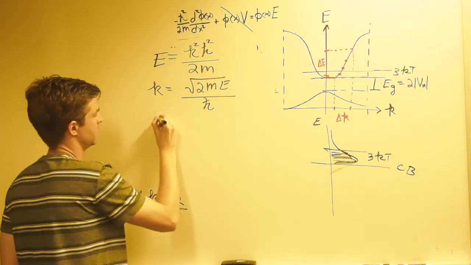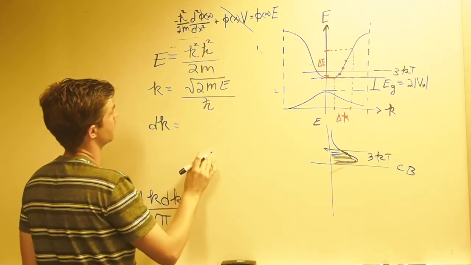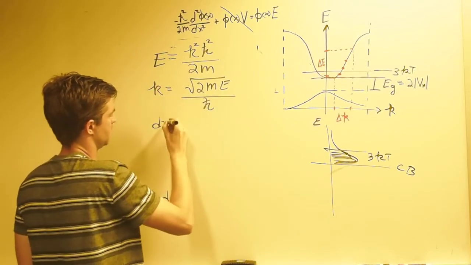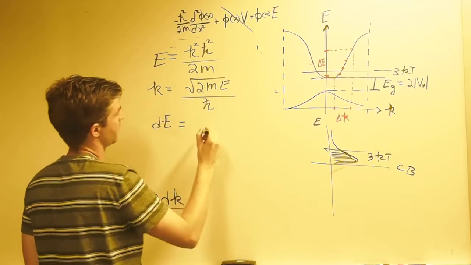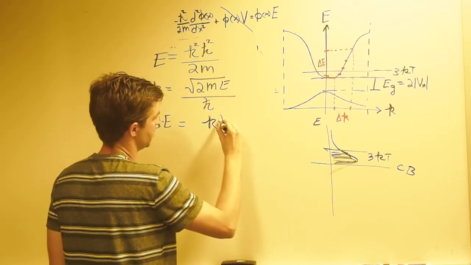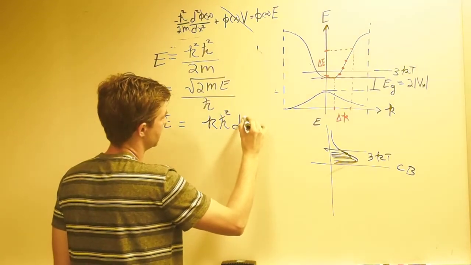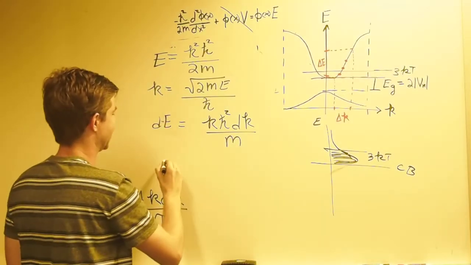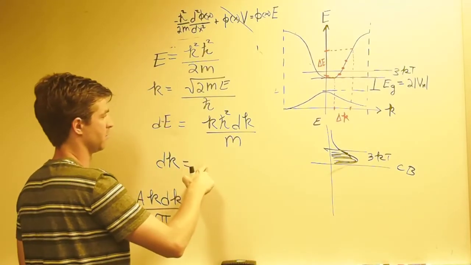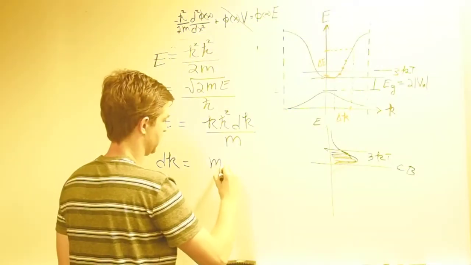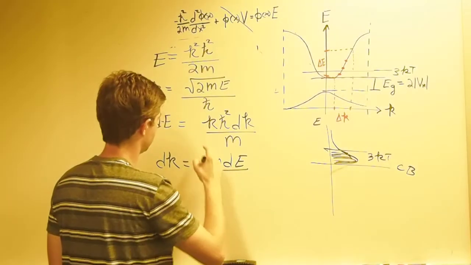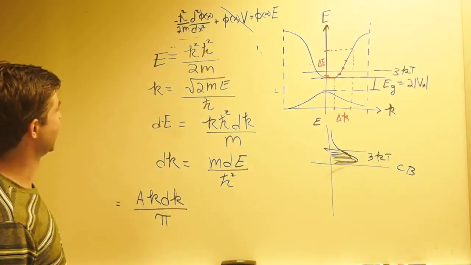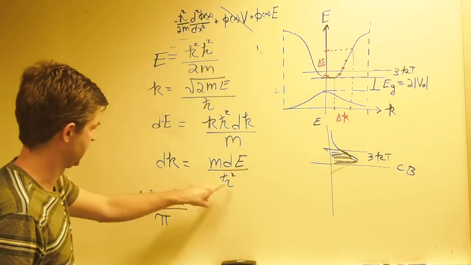And dE is equal to k h bar squared dk over m, so dk is equal to m dE over k h bar squared.